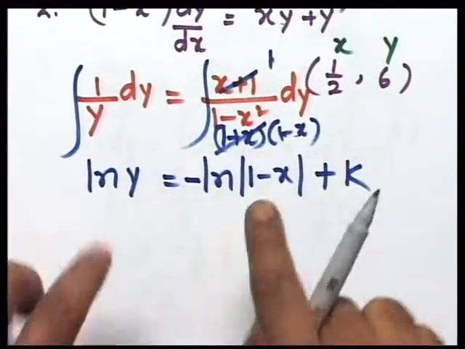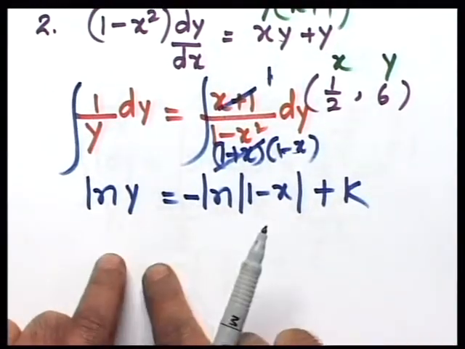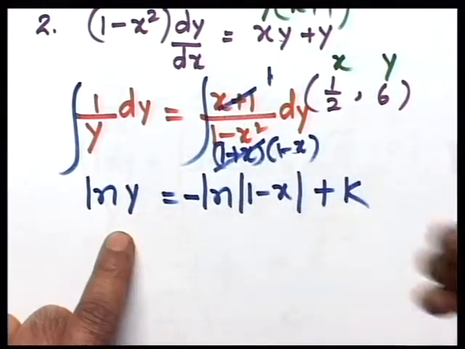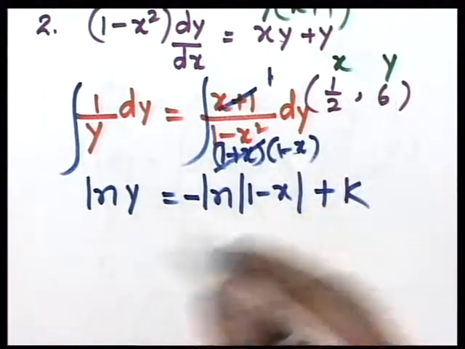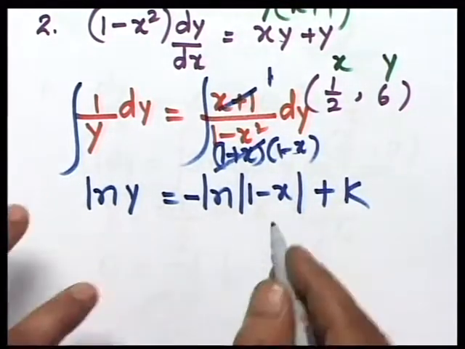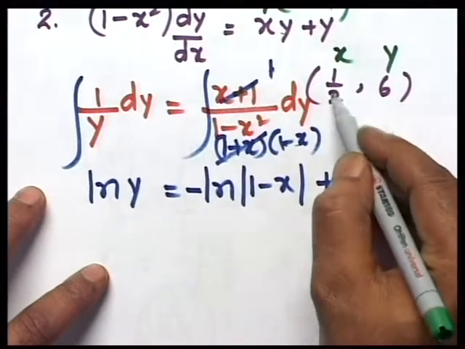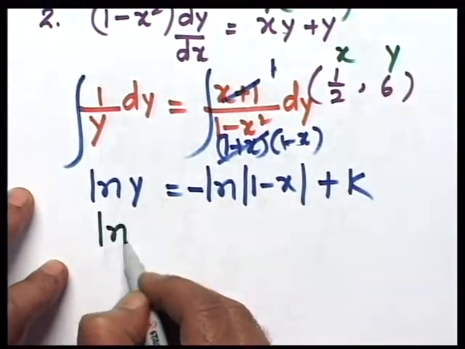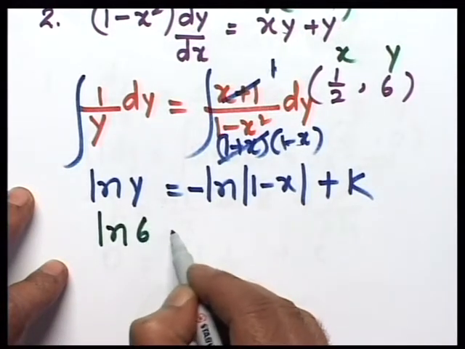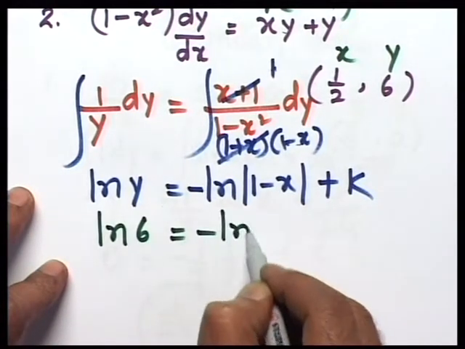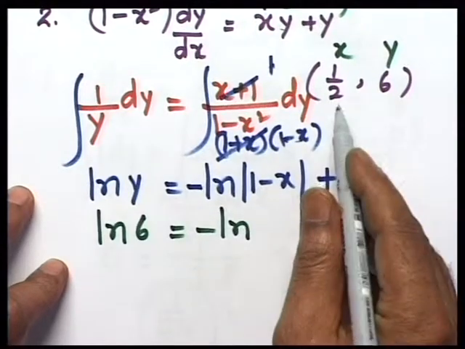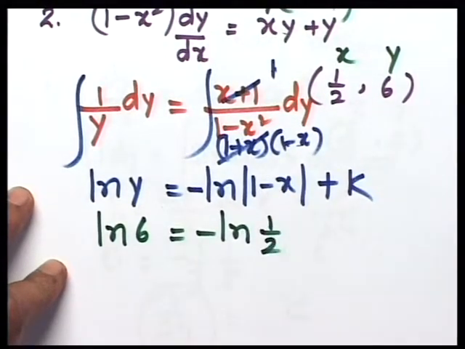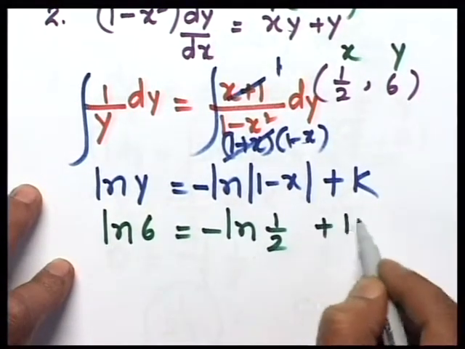Now we stop there. We don't go and write the general solution as y equals. Let's substitute these values into the question and see what we get here. x is a half, so let's write a half there, and y is 6. So that's natural log 6 there equals minus ln of 1 minus a half, which is a half, okay, plus k.